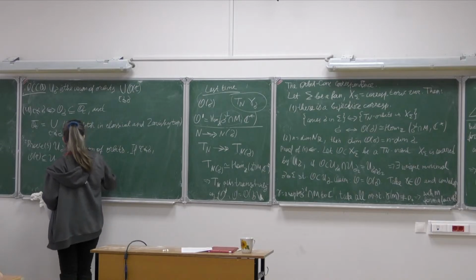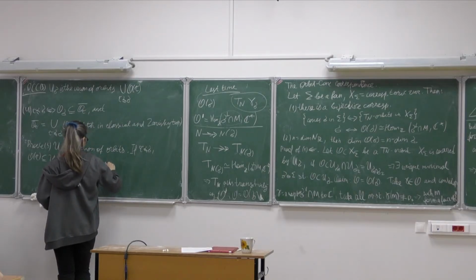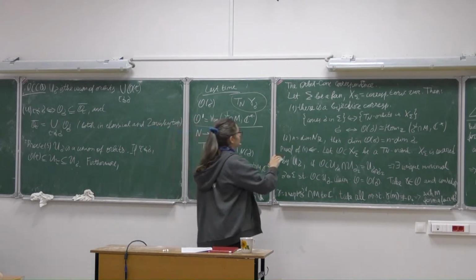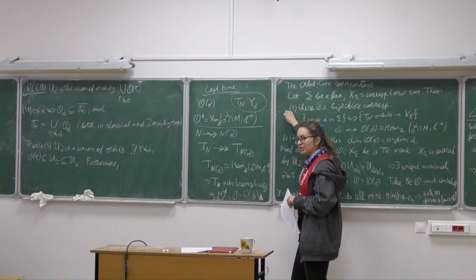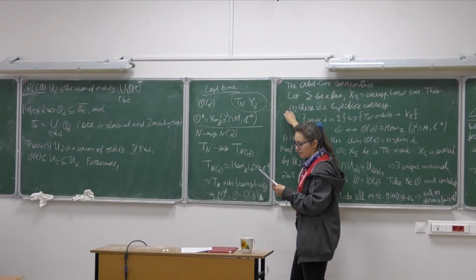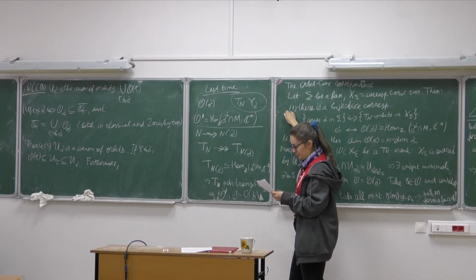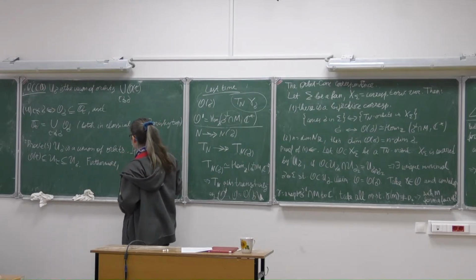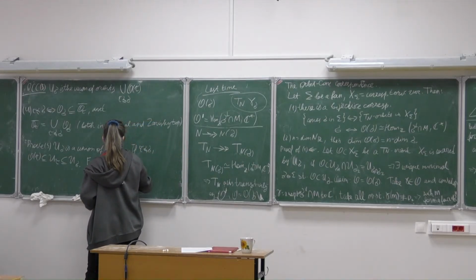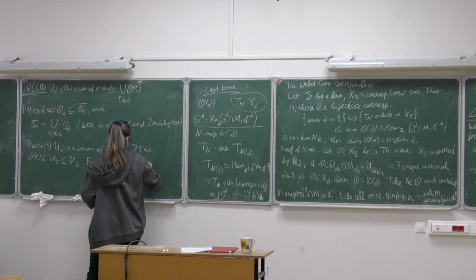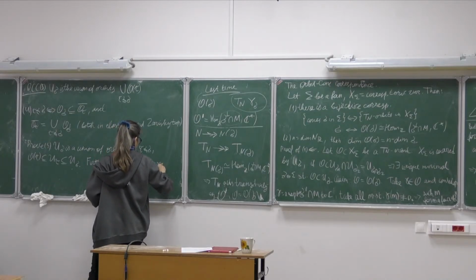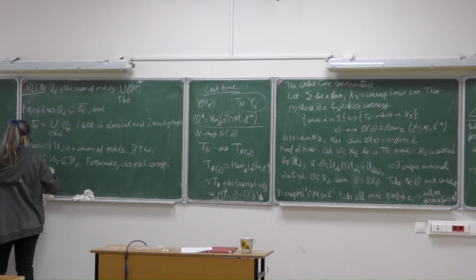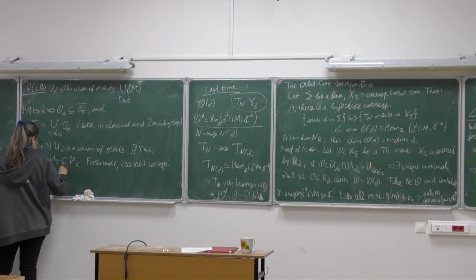The next step. We showed here that each orbit corresponds to some cone of our fan. Each orbit corresponds to some tau in sigma.